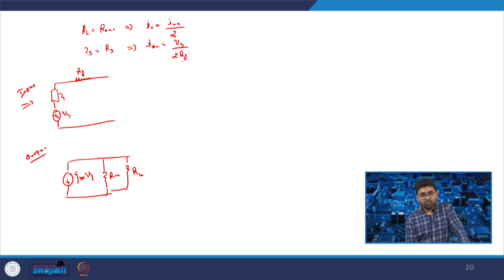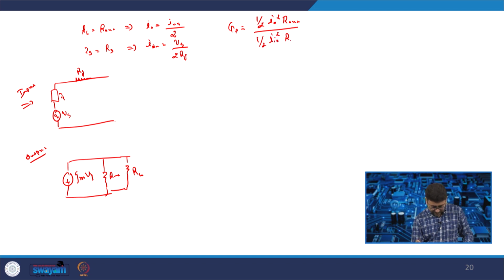Now, we try to find the power gain, that is Gp. So, Gp is given by 1 half IO square into R out divided by 1 half I in square into R in. So, this we already found out.